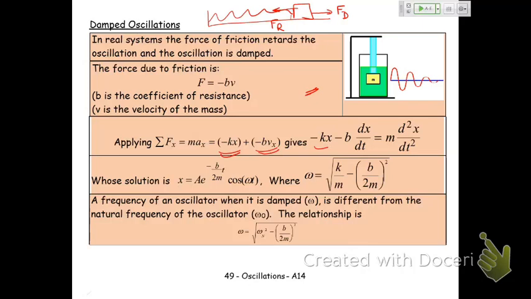You recognize that velocity is dx by dt, and you recognize that a is d2x by dt squared. So we've got a classic differential equation. We've got d2x by dt squared, dx by dt, and x in there. Most people don't do differential equations before this class.